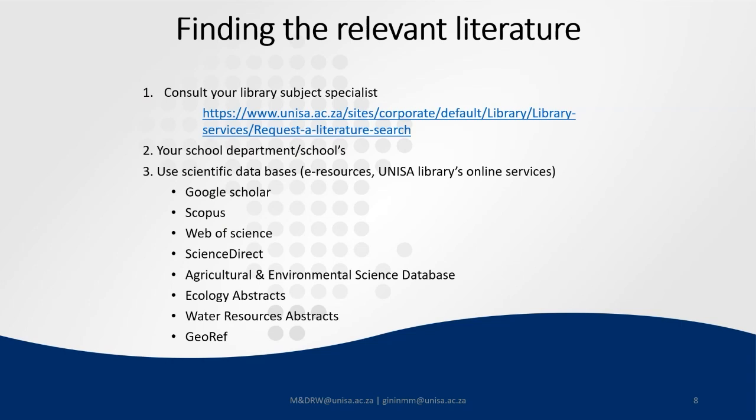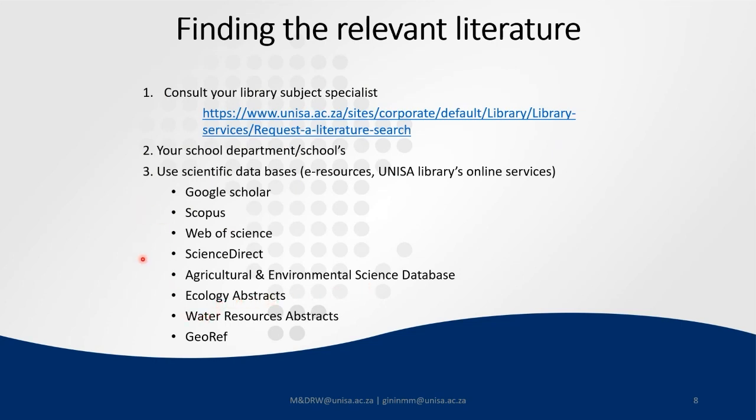Now, you'd use your university credentials via the library services or online library services to have access to things such as Scopus, Web of Science, Science Direct, Agricultural Environmental Science Database, Ecology Abstracts.